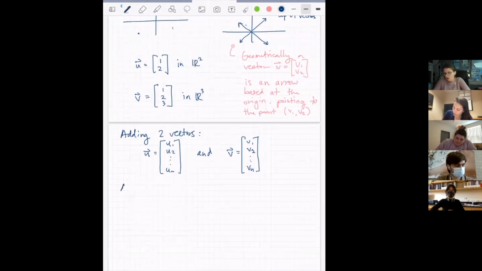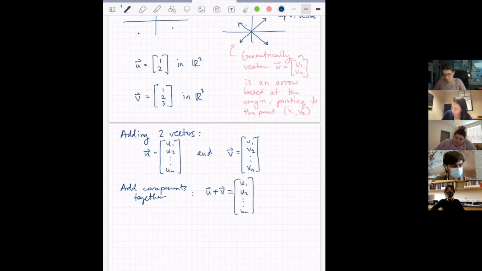So u plus v is going to be, first I'll write it this way so we can see them lined up right next to each other.